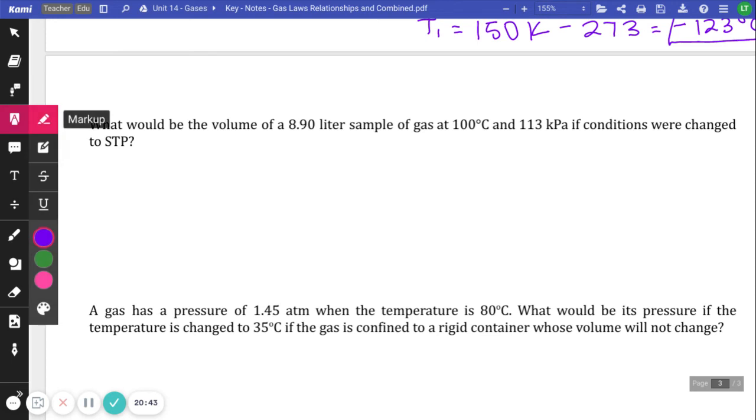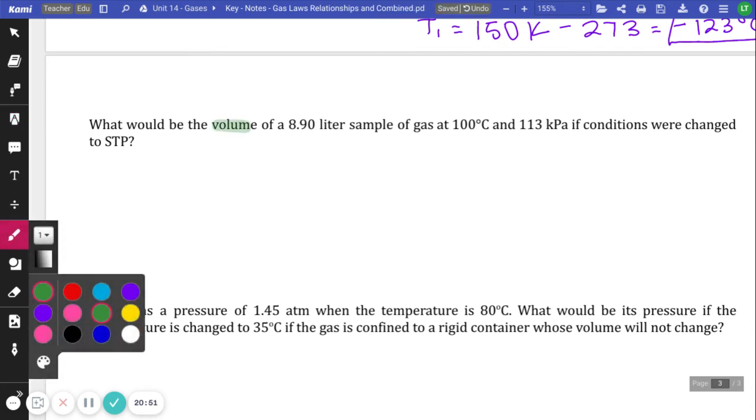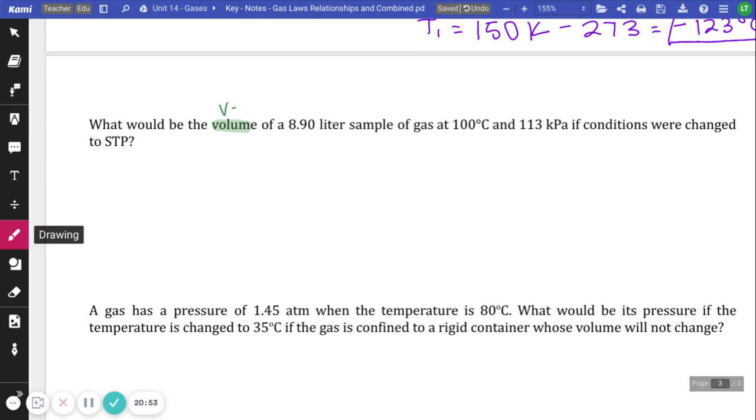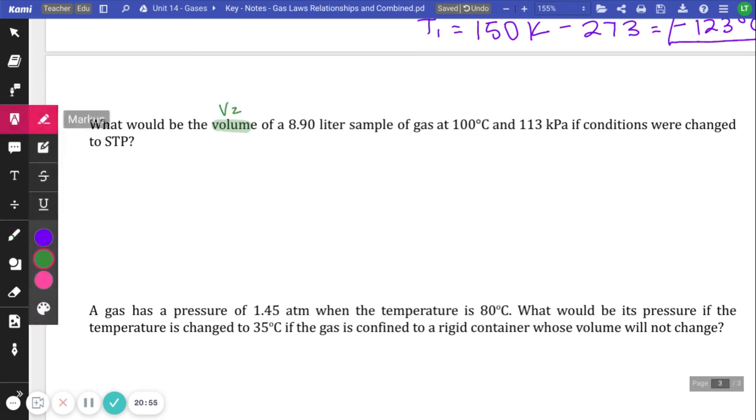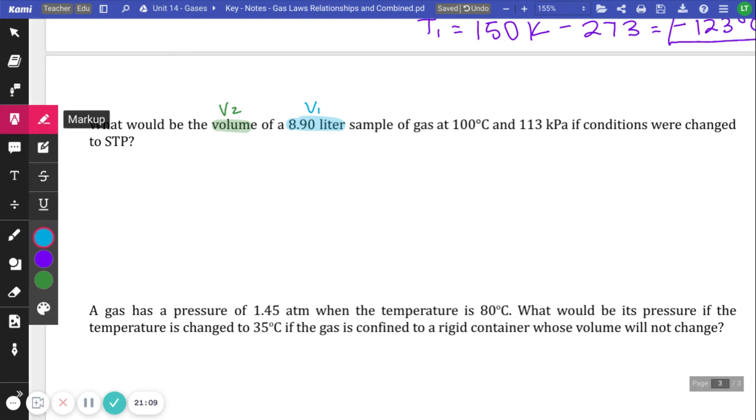All right, so what we are looking for here is it says what would be the volume. We're obviously undergoing a change here, so that's going to be our V2. An 8.9 liter sample, liters is again volume, so that's going to be our V1 of gas at 100 degrees Celsius.